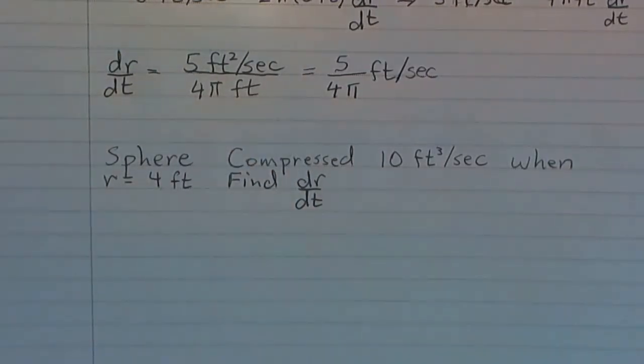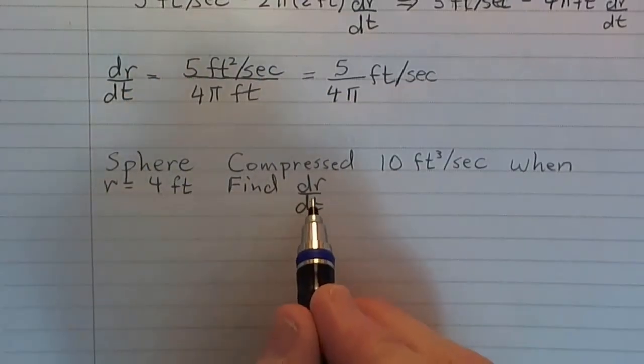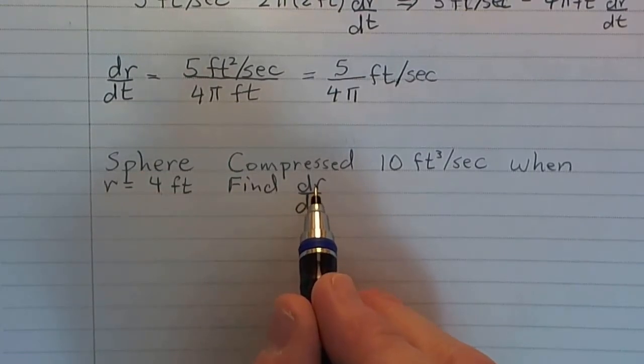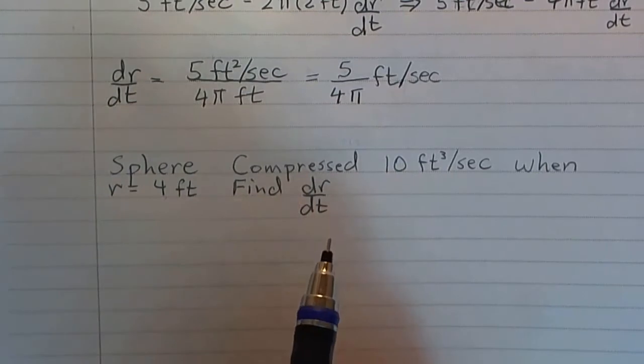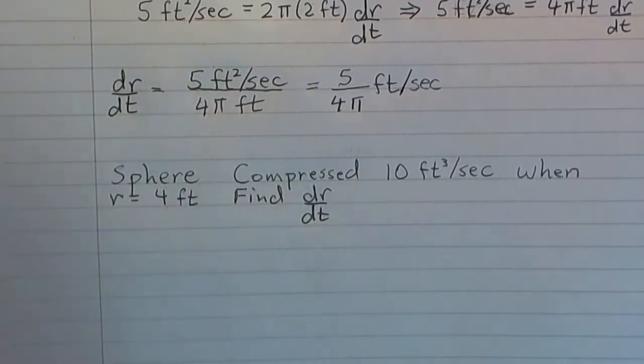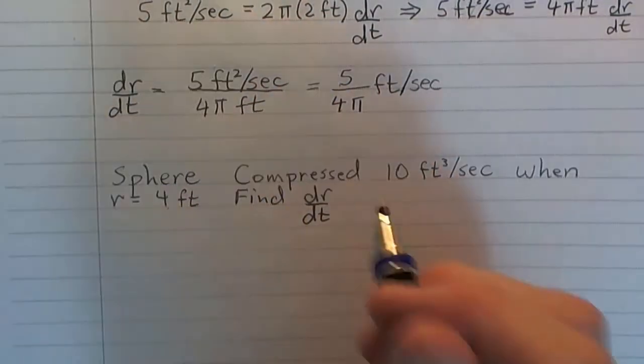So we need a relationship between the rate of change of r and the rate of change of the volume. But first, before I get to that point, I need to go back and ask, how can I relate V and r together? Well, I've got this sphere.